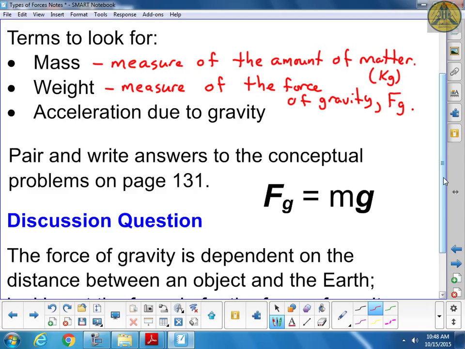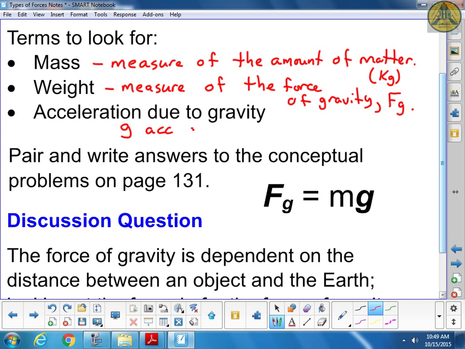acceleration due to gravity. So the acceleration due to gravity, usually just given the lowercase g, right? It is the acceleration from gravity of a large object. Acceleration created by, I'll say, kind of a weak definition, but it's the acceleration created by anything that has mass.